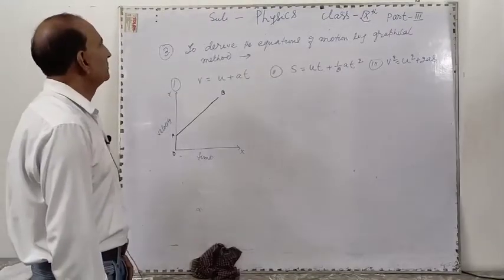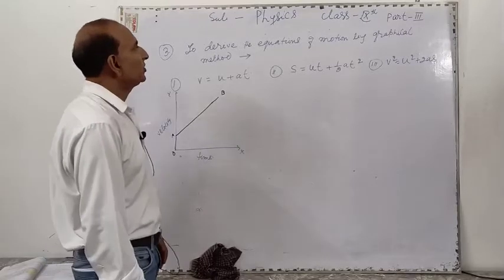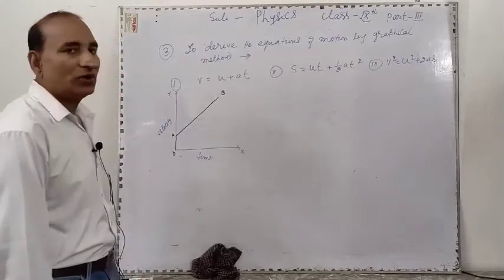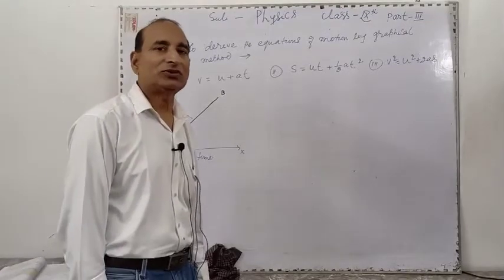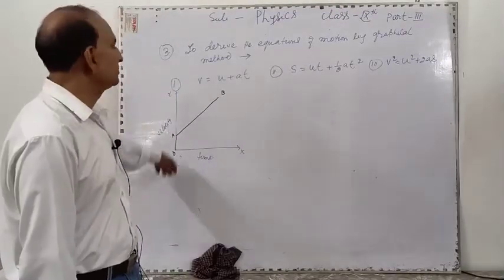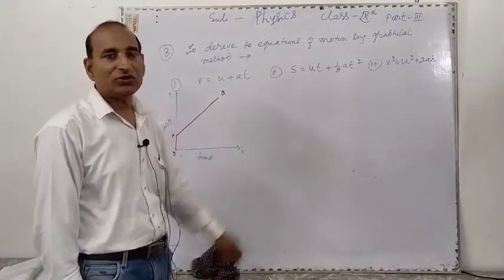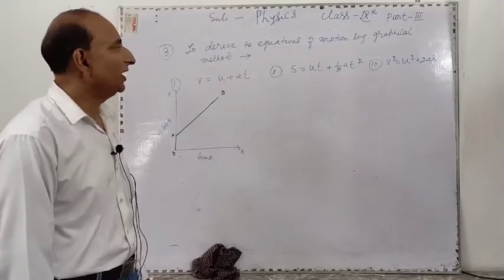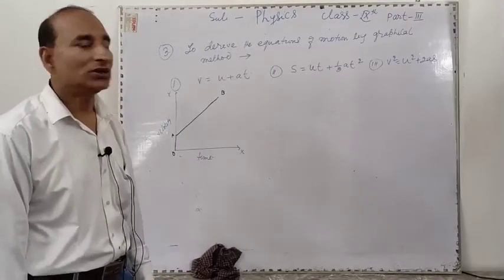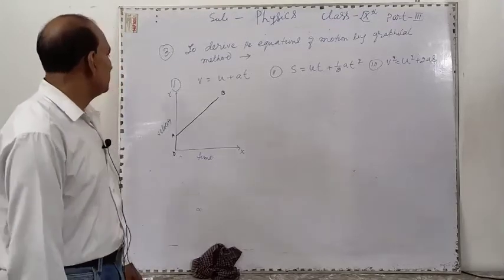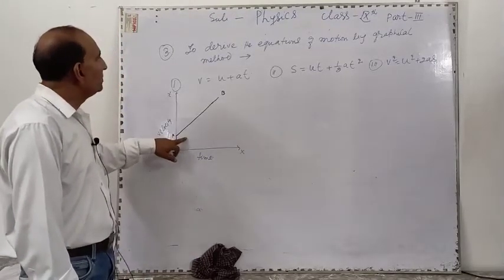Third topic is to derive the equations of motion by graphical method. You know that there are three equations of motion: first, v is equal to u plus at; second, s is equal to ut plus half at square; and third, v square is equal to u square plus 2as. Now we draw the graph.